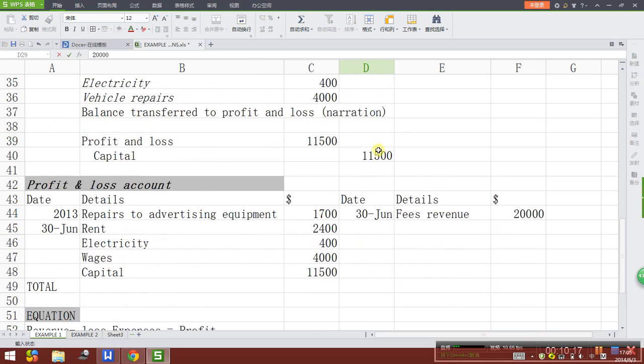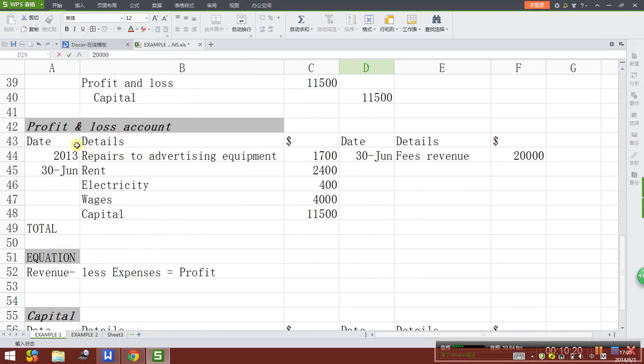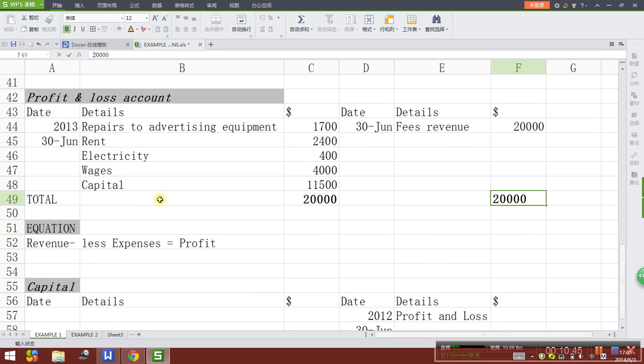Next one is the profit and loss account. This side is about the expenses and this side is revenue. So the total expenses is 20,000, and I'll just straight away put 20,000. So the equation is the revenue minus the expenses equals the net profit.